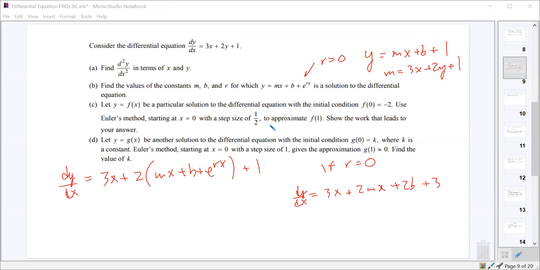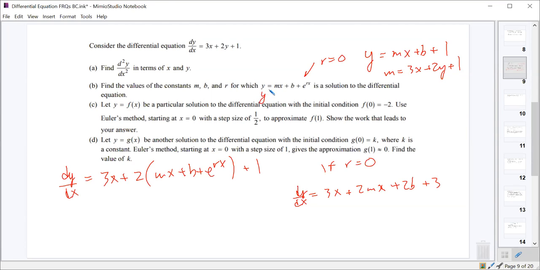Let's see, what do I want to do here with this? Let's actually go back here. Let's say, no, I don't want to do that. m is 3x plus 2y plus 1. I still got my y's in there, though. Oh, yeah, here's what I would do.